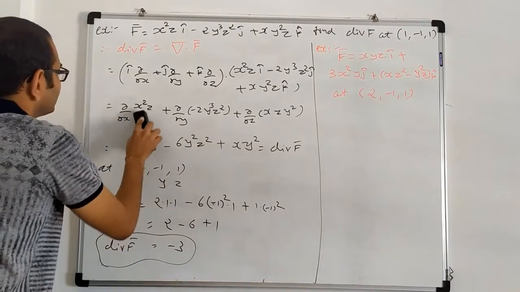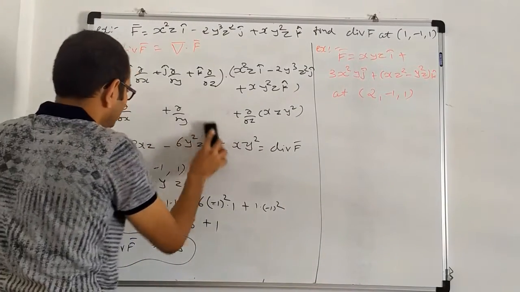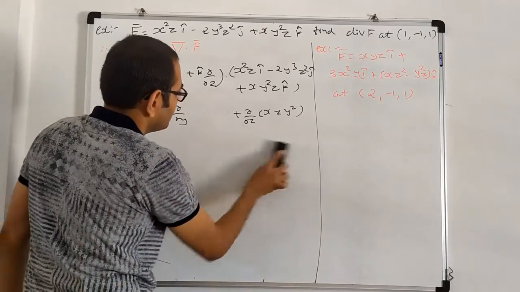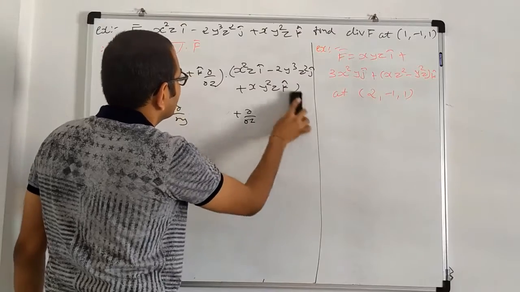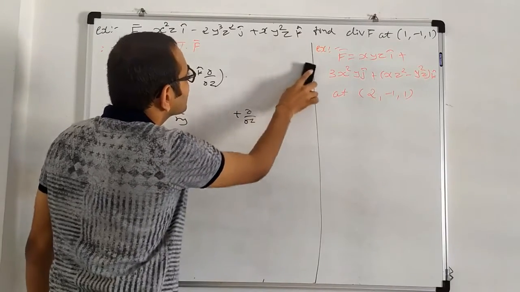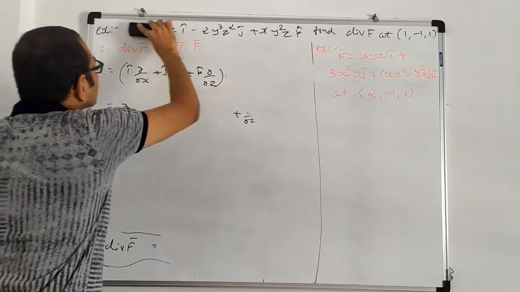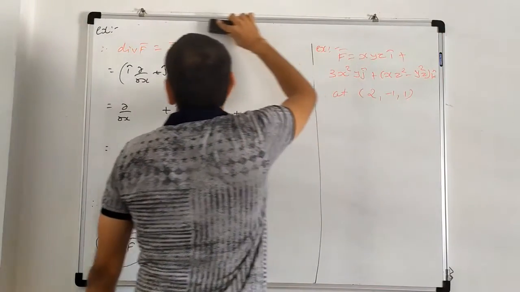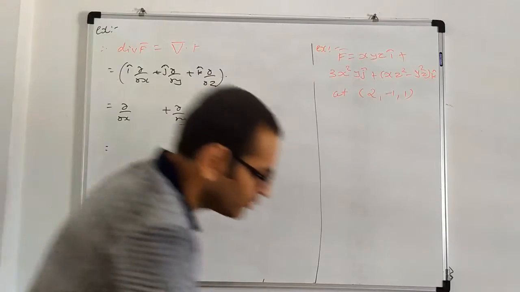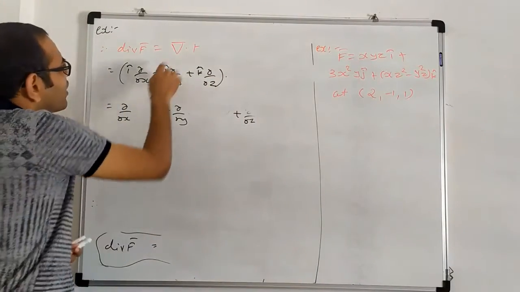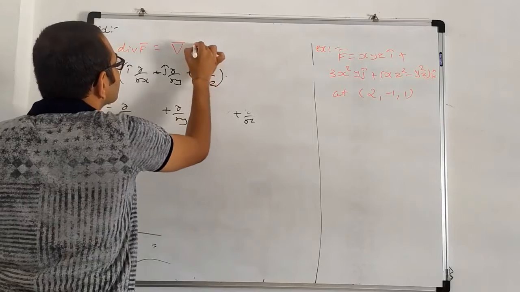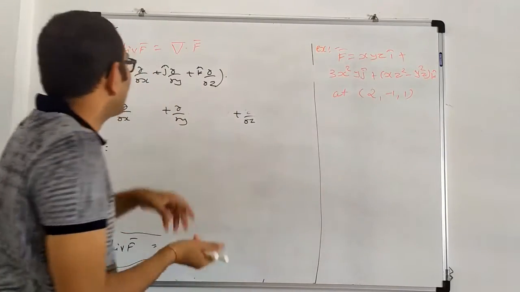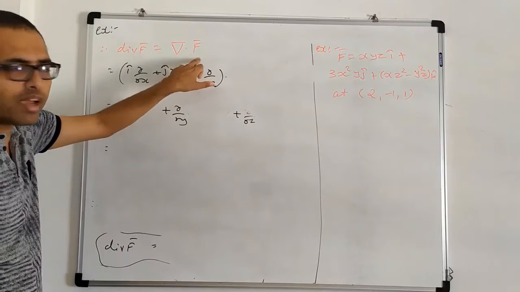In this example, here we find the divergence. Then the divergence formula is nabla dot f bar.